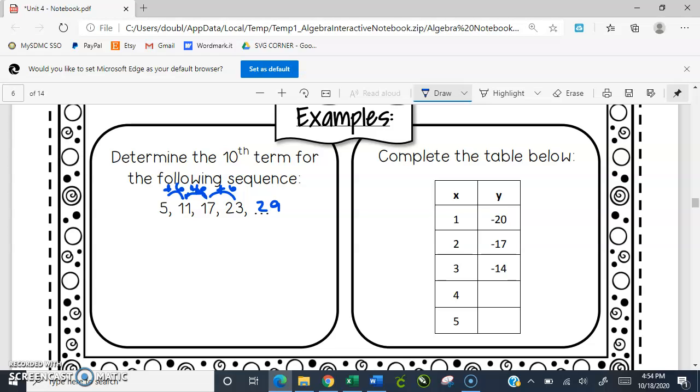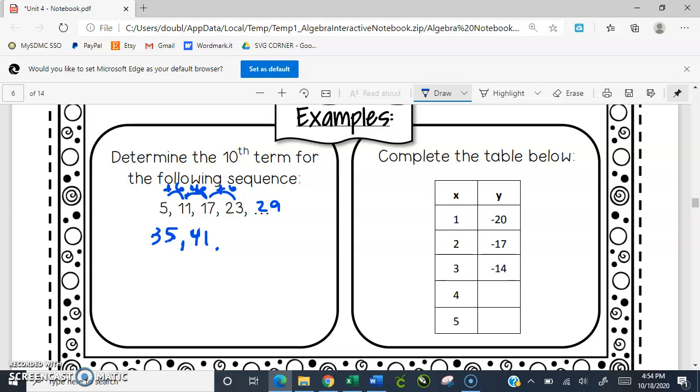Our sixth term is 29 plus 6, which is 35. The term after that is 35 plus 6, which is 41. Okay, we have 1, 2, 3, 4, 5, 6, 7 terms.